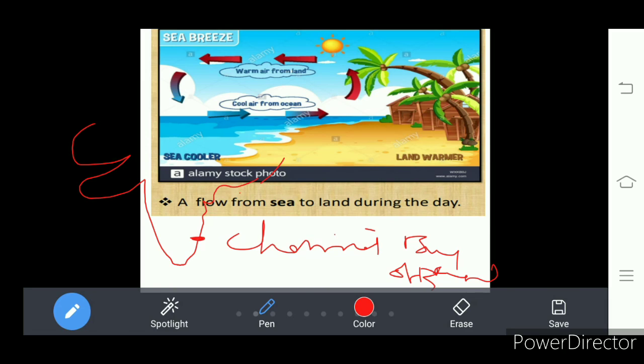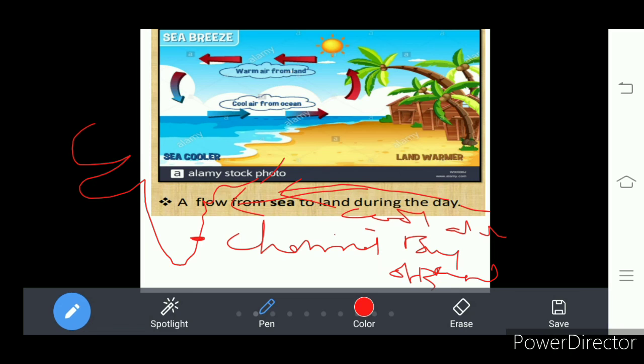So we know that the land absorbs heat very soon and becomes hot, and the water body absorbs very slowly. So the temperature recorded on the land part should be high, but it will be decreased by the cool air blowing from the Bay of Bengal towards the land part, so that the temperature at Chennai is recorded less.